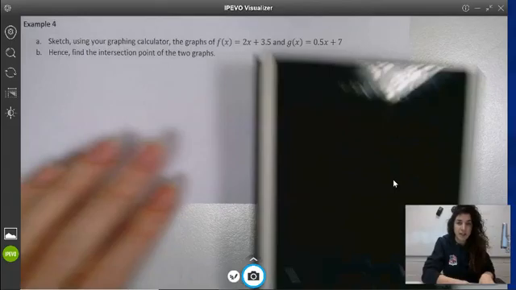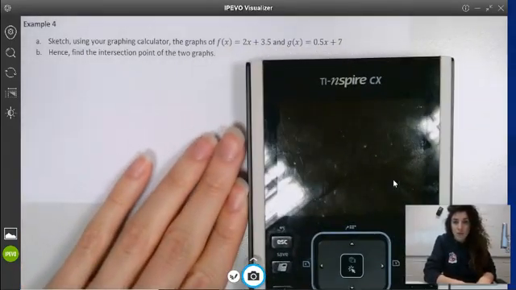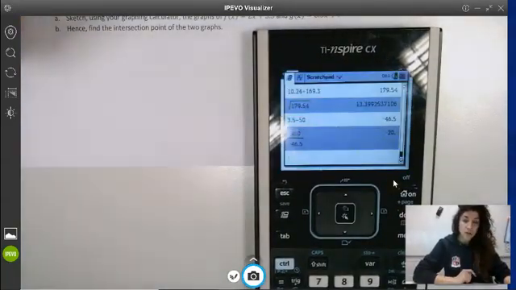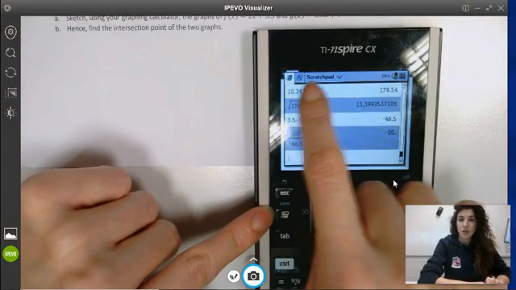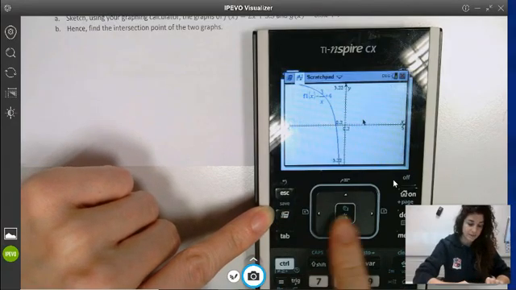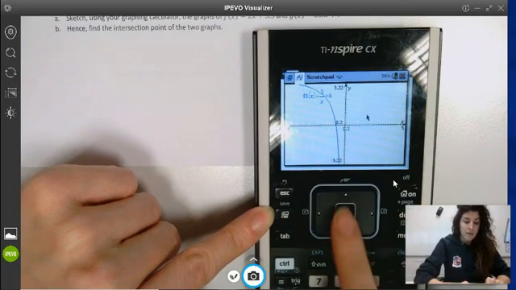So it says first sketch, and we're going to sketch using our graphing calculator. We'll see the first way that we want to learn how to do this, which is to graph it. Turning on my calculator. If you're in the scratch pad and you want to go over to the graph, you can just click through this guy and it scooches. I already have something drawn in here.